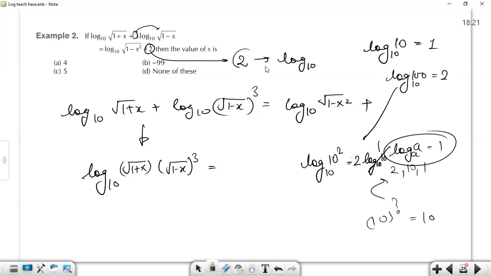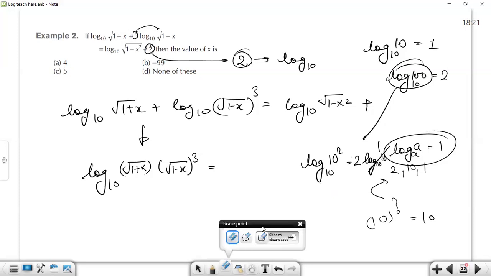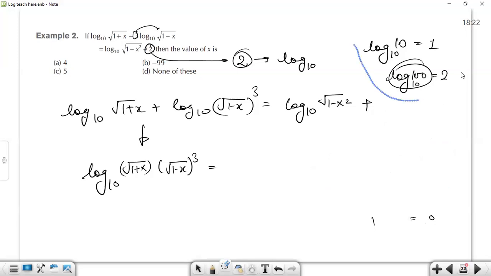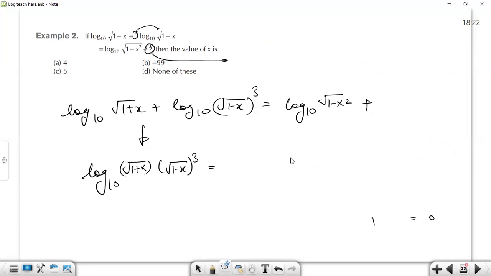So simply we can write 2 as this. Okay. So logarithm of 10 is equal to the base 10.